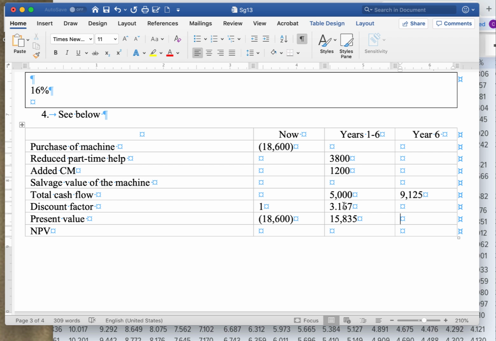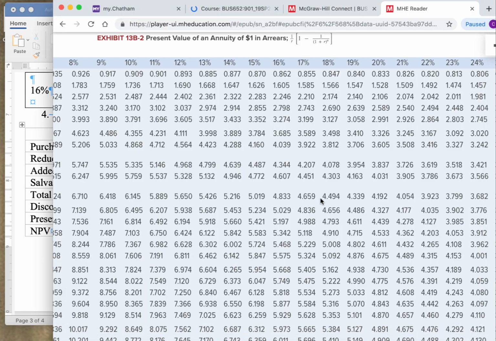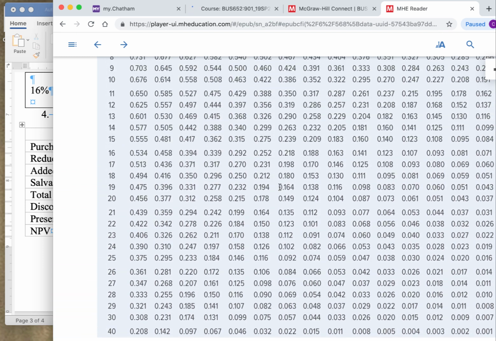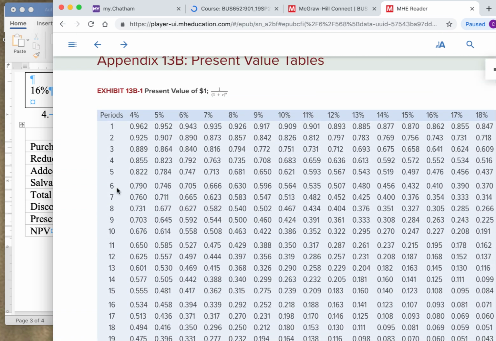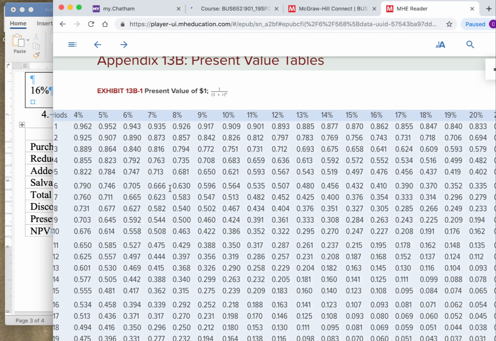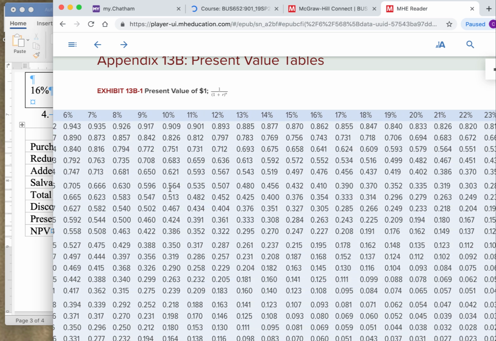If it gets me over that $18,600, guess what? It's not the right amount. I need to go down 1% and pull those factors, okay? So I'm going to go to the present value of a dollar table. I'm going to find line 6, which I'm right there, and go to 22%, and I see that it's 0.303.